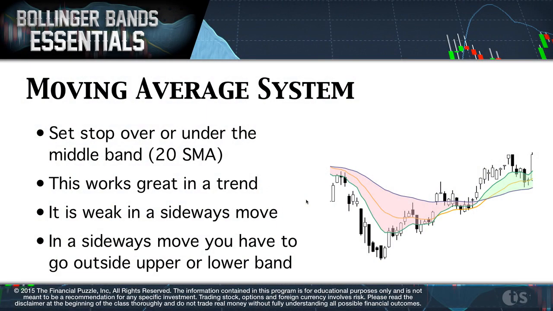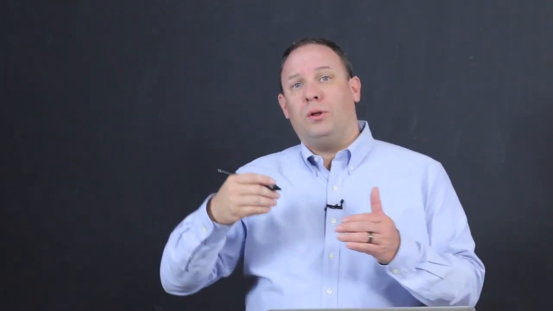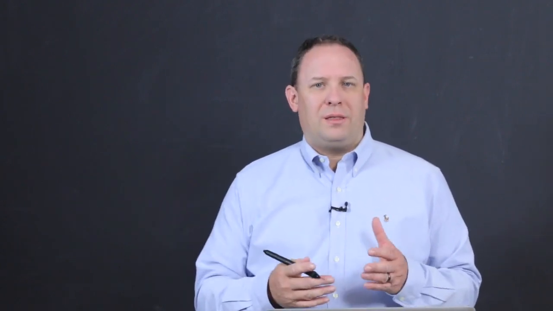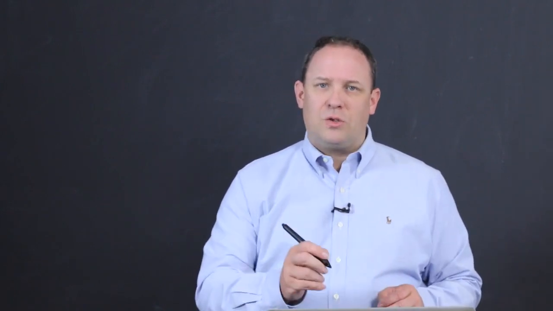So you either set the stop above the upper band if you're in a bearish trade, or below the lower band if you're in a bullish trade. It's a little more complicated. There's more to think about. That's why I personally think that inside the Bollinger System, a parabolic stop is really the ideal way to just have the computer say, this is where you should set your stop. You can write the trading script, write the blueprint a lot easier that way. But the moving average system is a good way you can also do it.